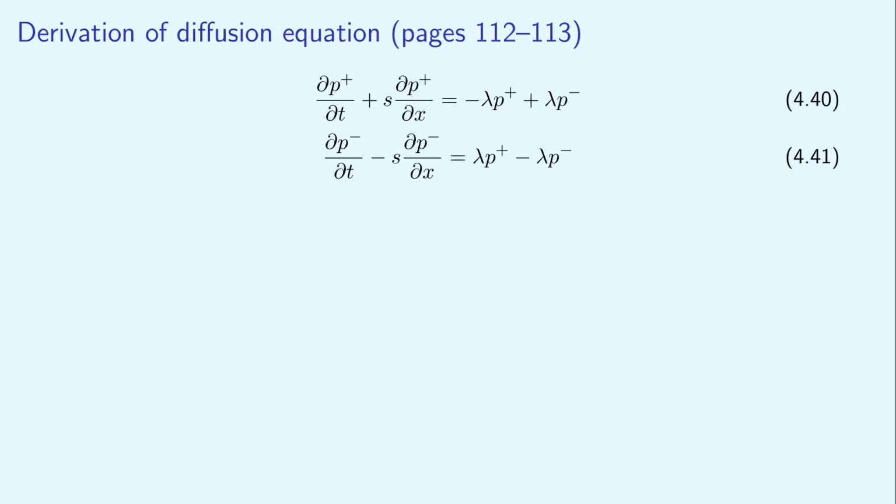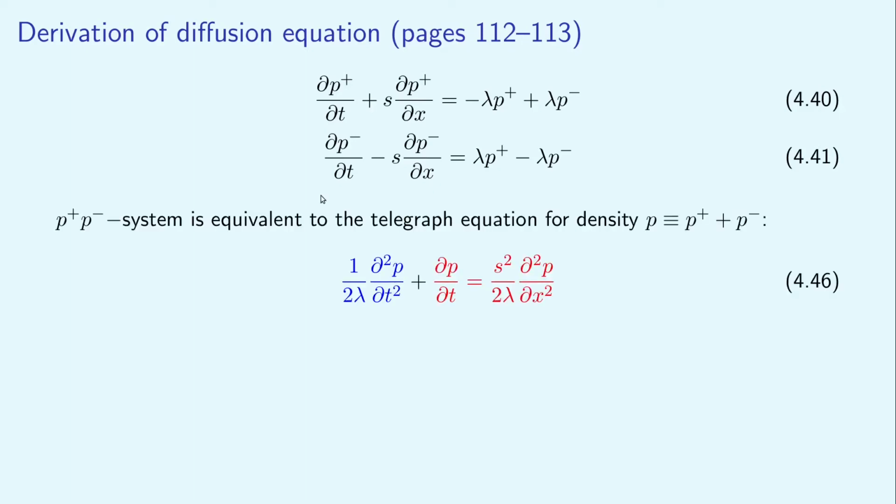By cross-differentiating these equations, we obtain that this system of first-order equations for P plus and P minus is equivalent to one second-order equation for P, given as the so-called Telegraph Equation or the damped wave equation, which is equation 446 in the lecture notes.